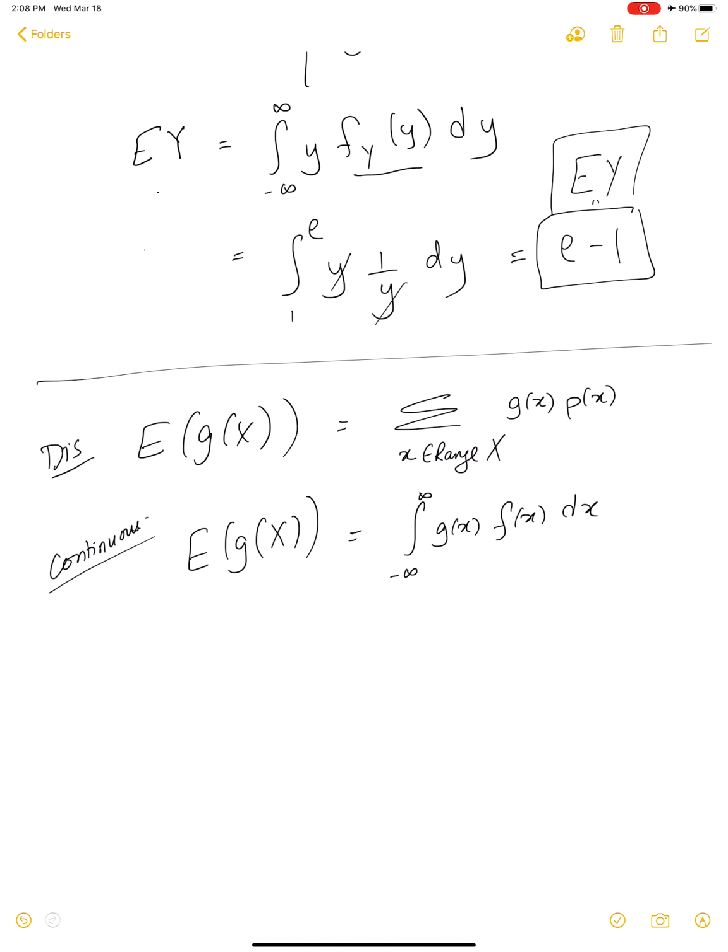Okay, and the proof of this, how do we show this? Well, the proof is in two parts.